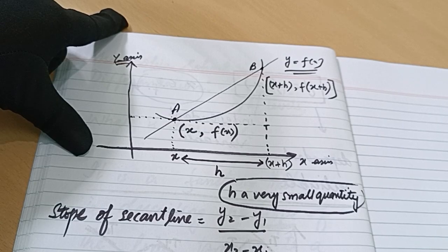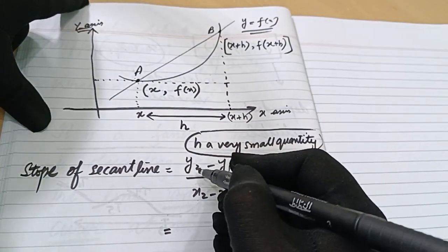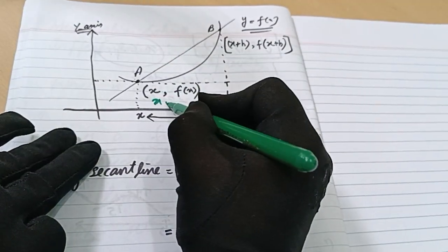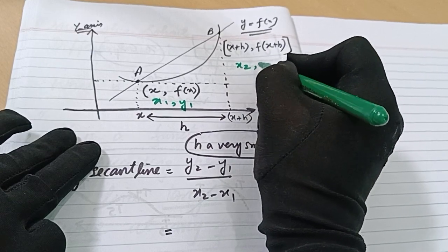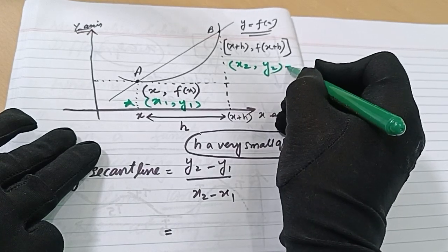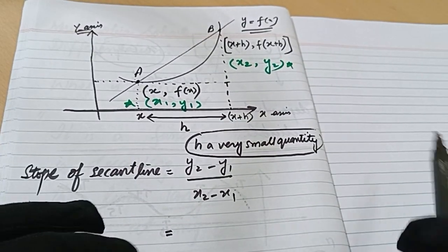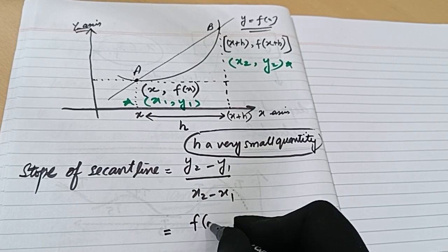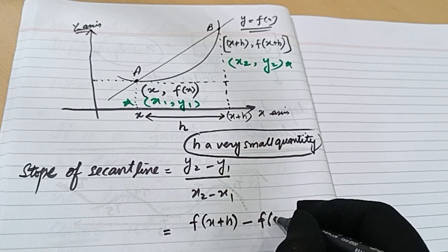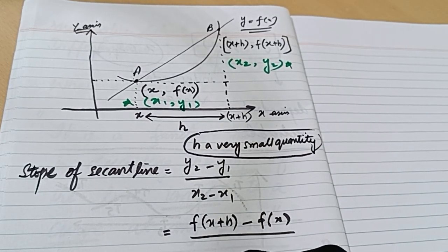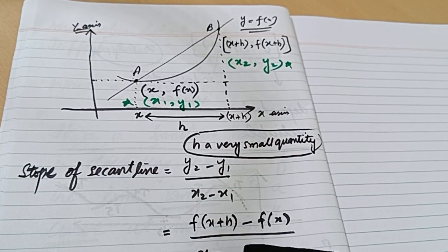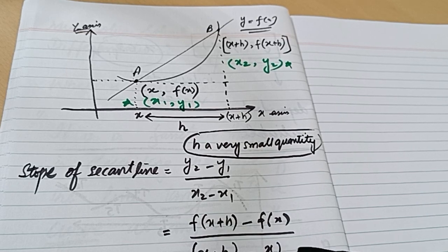Now what will be the slope? y2, what is y2? Means the second coordinate. This is x1, y1, and this is x2, y2. Coordinates of the first point and coordinates of the second point. So y2 is f of x plus h minus y1, which is f of x, divided by x2, the second coordinate on the x-axis, x plus h minus x.